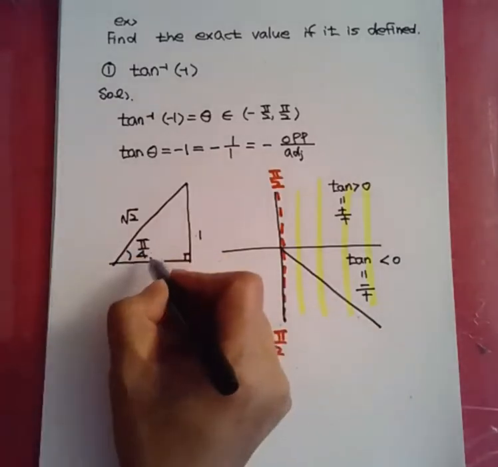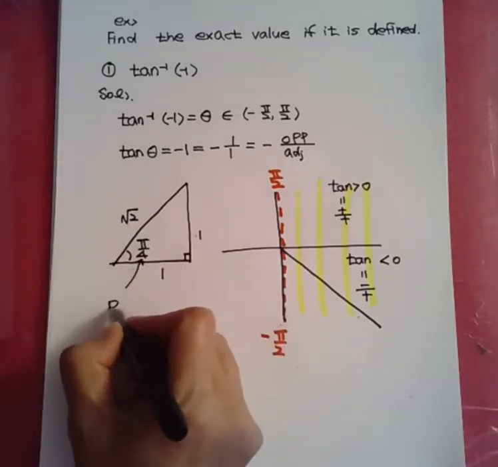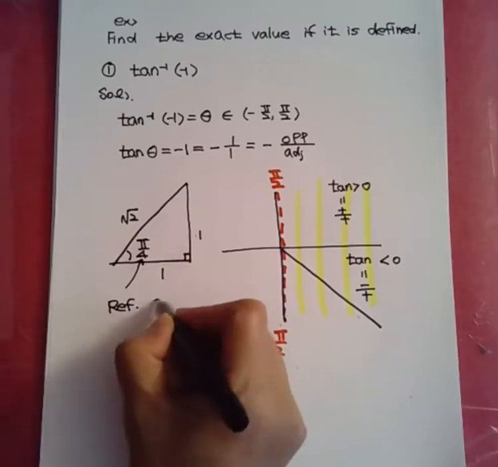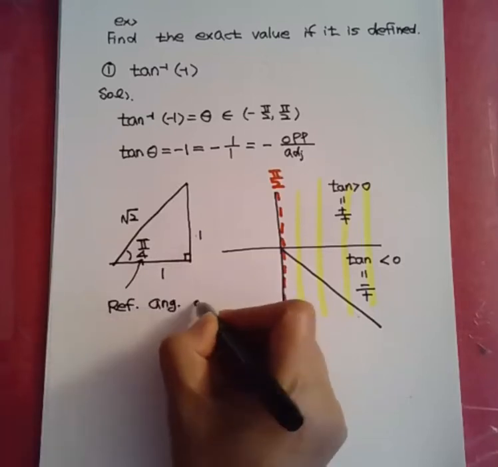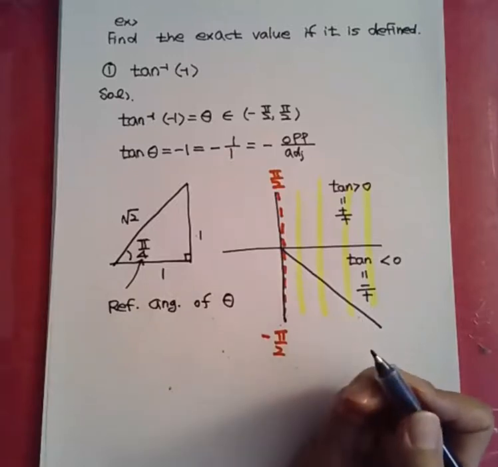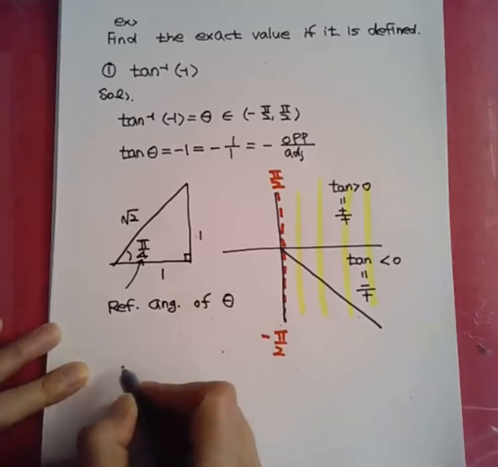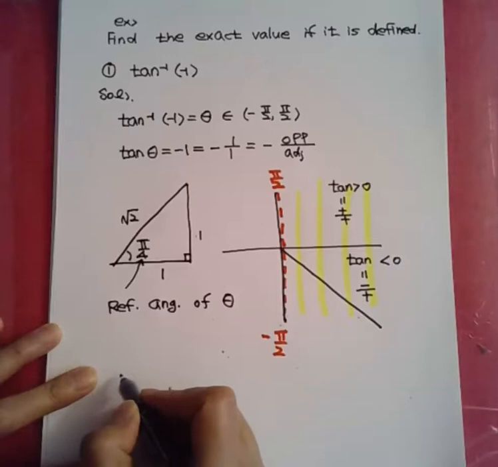So pi over 4 here is the reference angle of theta. In this case, we identified the reference angle of theta, that is pi over 4.